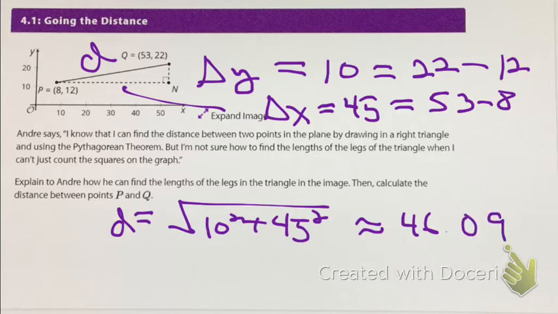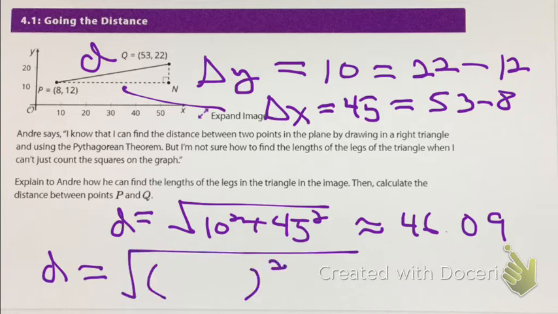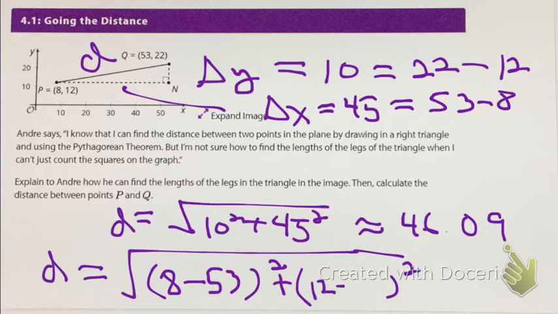But even more important than that was what we really did. We wrote it out like this. We took the difference of the x's, that was 8 minus 53, and we squared that, and we added that to the difference of the y's, which was 22 minus 12, or 12 minus 22, and we squared that.